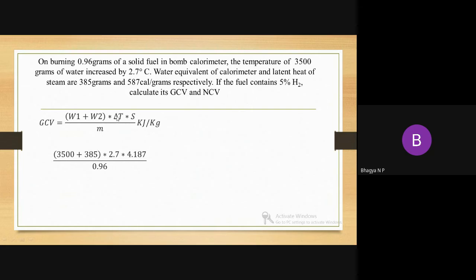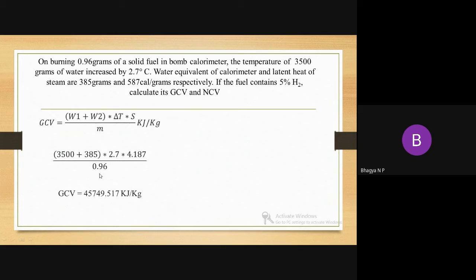And the rise in temperature, delta T, is 2.7 and the specific heat of water is 4.187, divided by the mass of fuel, 0.96. So when you do the calculation, GCV comes as 45,749.517 kilojoule per kg.